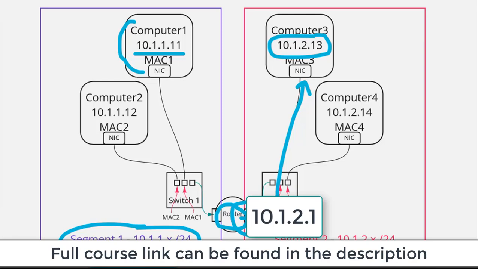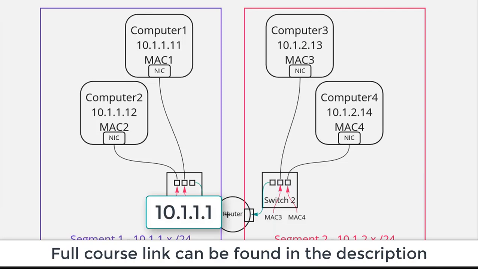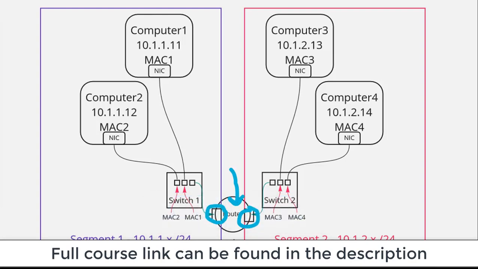It makes routing decisions based on layer 3 IP addresses. And one of the behaviors of a router is that it understands the networks that it's directly connected to. So this router has an interface on the 10.1.1.x network. It knows how to get to that network. It has an interface on the 10.1.2 network. It knows how to get to that network. And those directly connected networks are automatically included in the route table of this router.